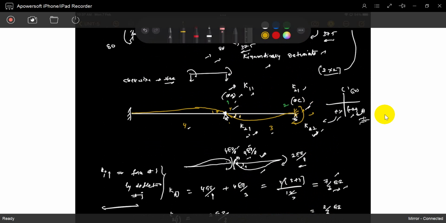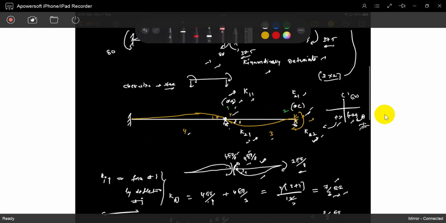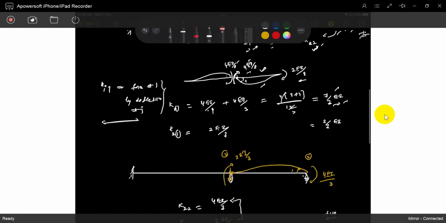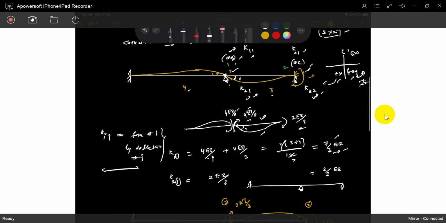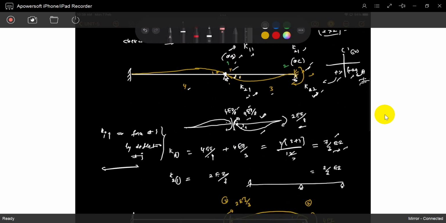That's the idea. Are you understood? If I take it like this, otherwise I will show. I gave a clockwise rotation. If I gave an anti-clockwise rotation, it will come like this.